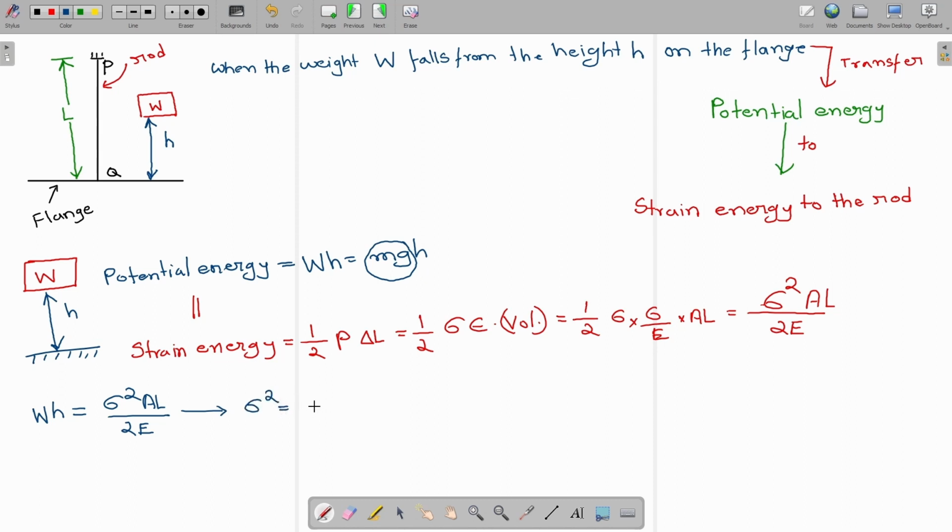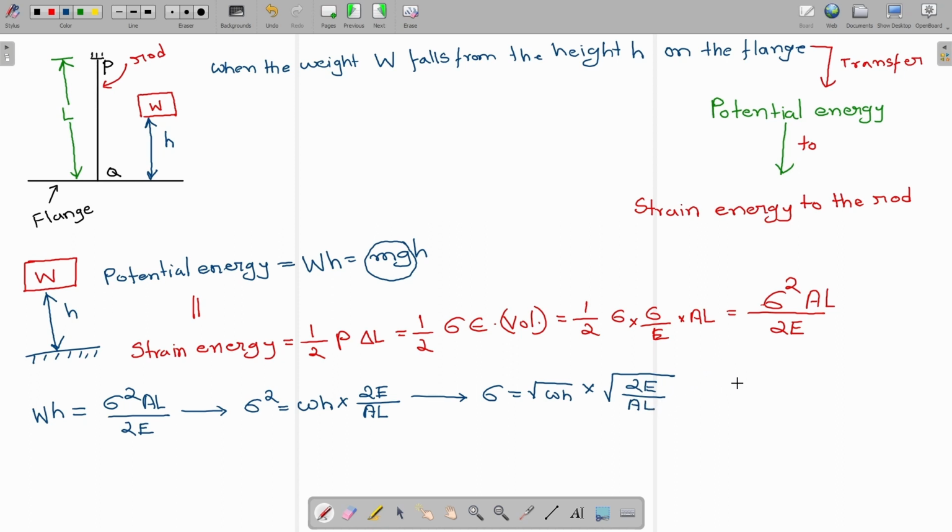Sigma square is equal to WH into 2E by AL. Therefore, we can write it as sigma is equal to root over of WH into root over of 2E by AL.